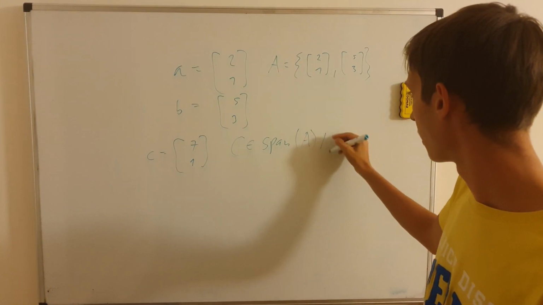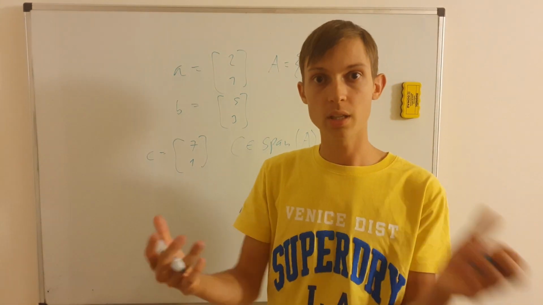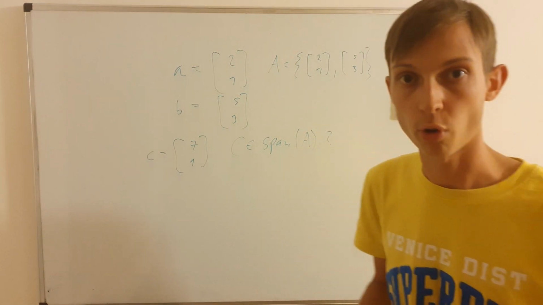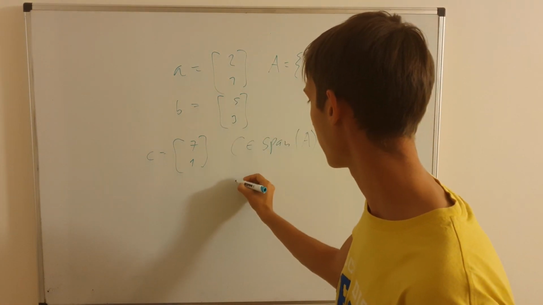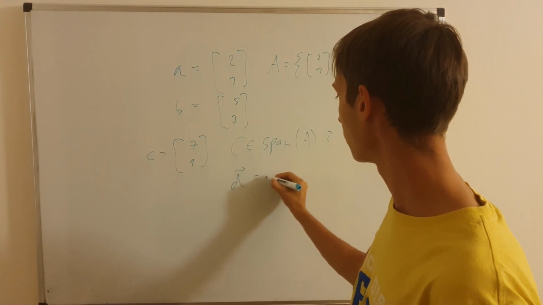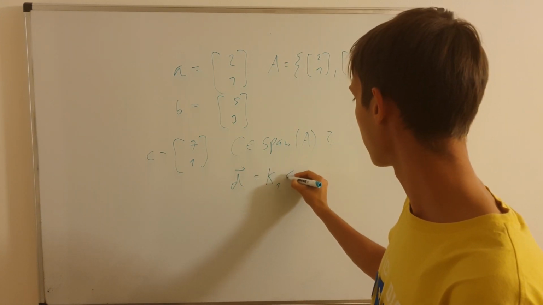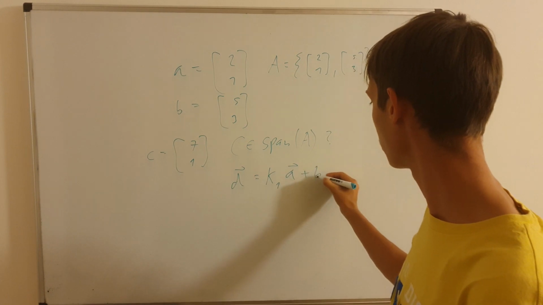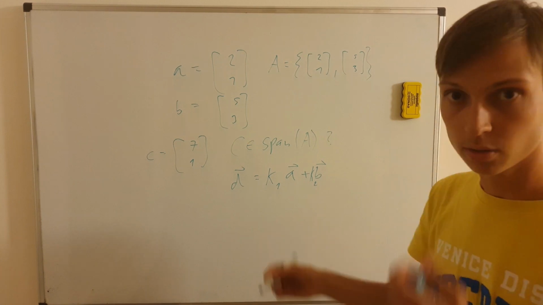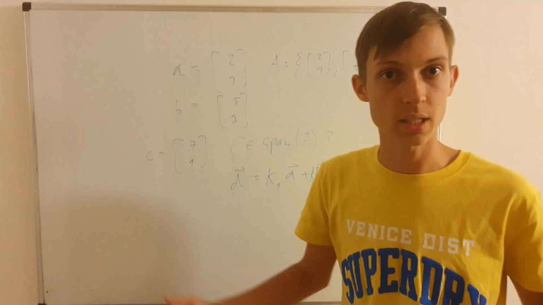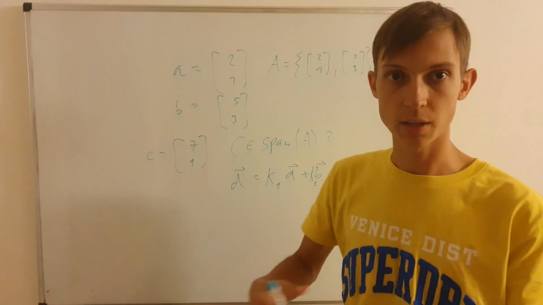So when we have a set of some vectors, all the different linear combinations of them form the span of them. So we can take, let's say, some vector D, and it will be equal to k1 times the vector A plus k2 times the vector B, where k1 and k2 are arbitrary scalars.